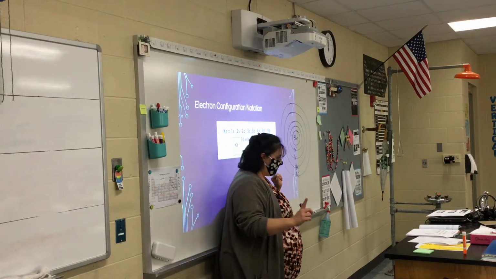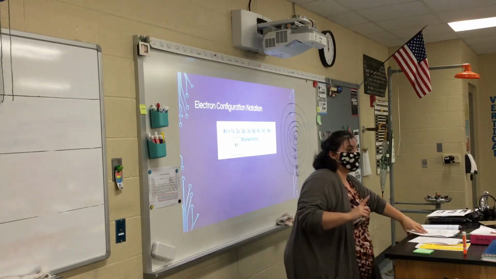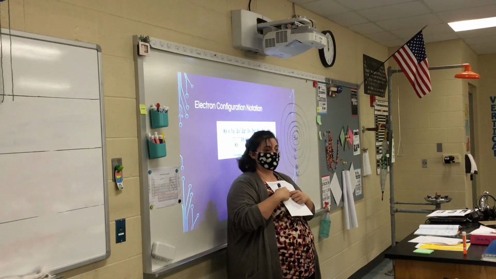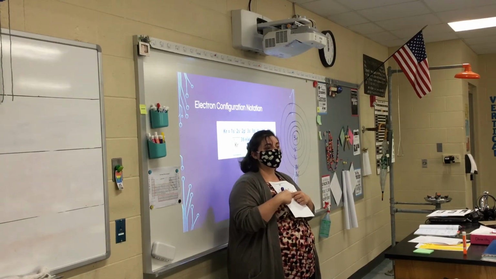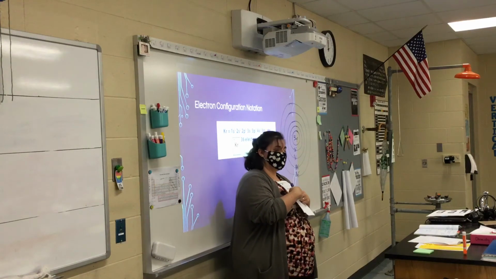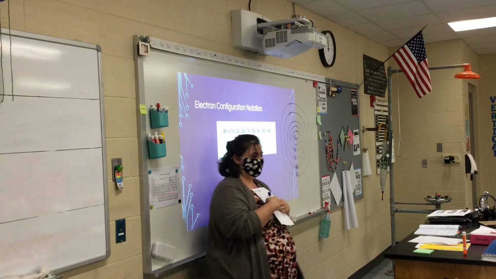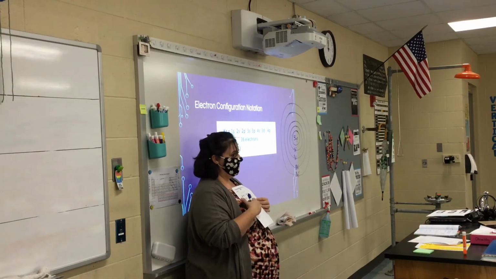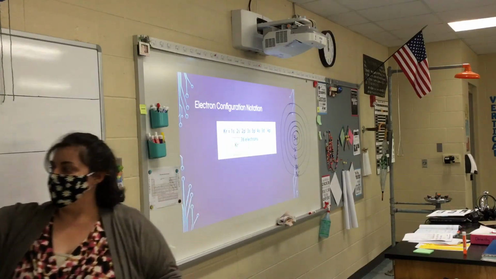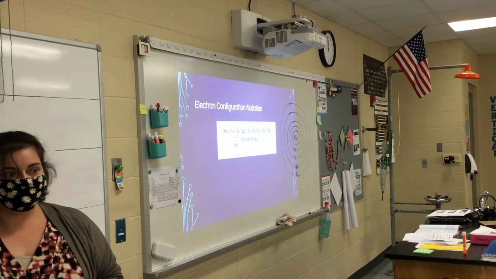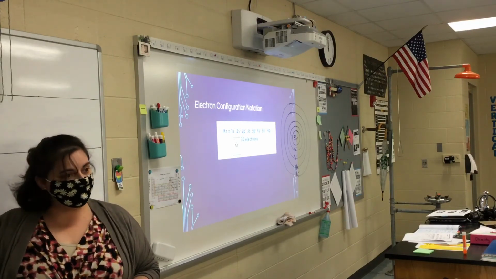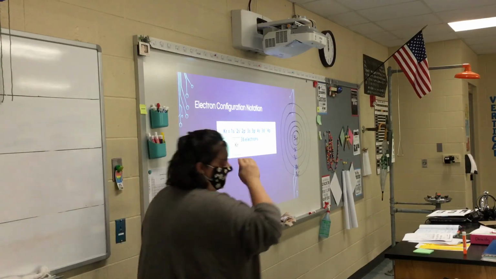So if you look at the Aufbau diagram here, you have to go in order. 1s, 2s, 2p, 3s, 3p, 4s, 3d. 4s are these two, then you get to scandium, that's 3d, and then 4p. I was confused on the different energy levels.